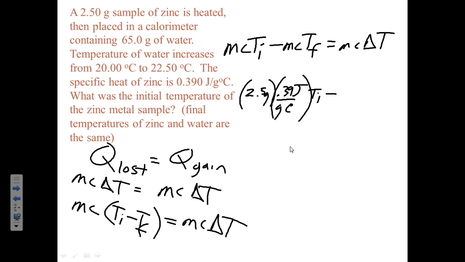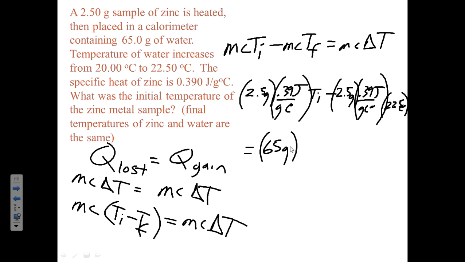I'm going to run out of space here. Minus 2.5 times 0.39 times Tf. Tf is going to be 22.5. All right, and that's going to be equal to the mass of the water, 65. The specific heat of water is 4186 joules per what?